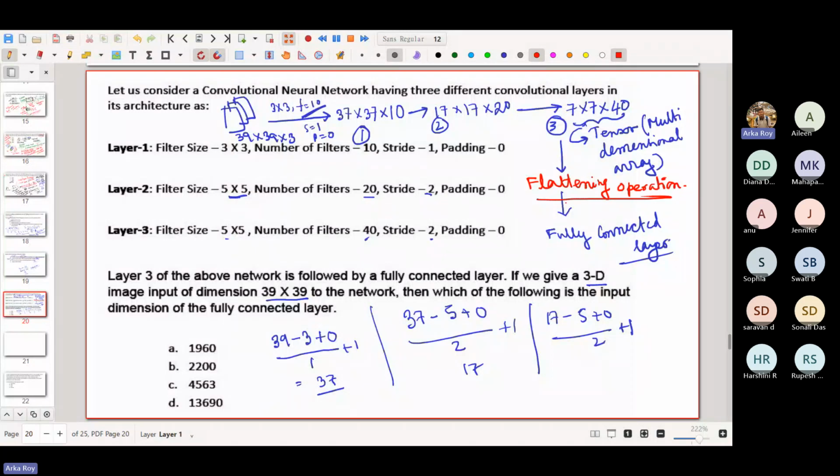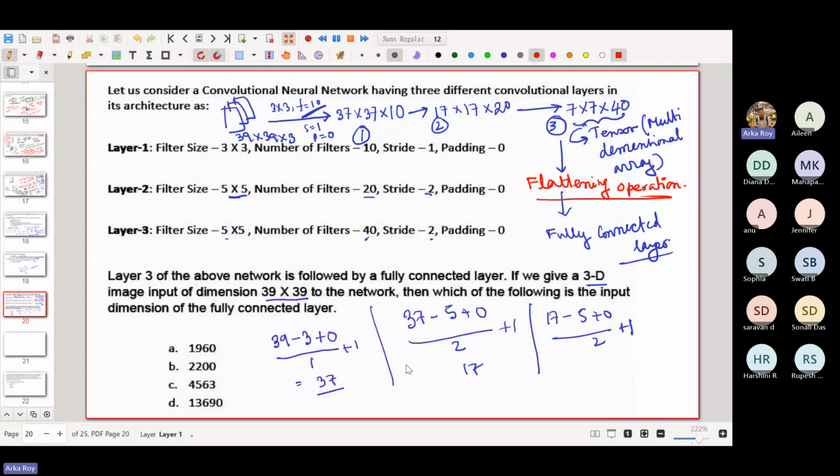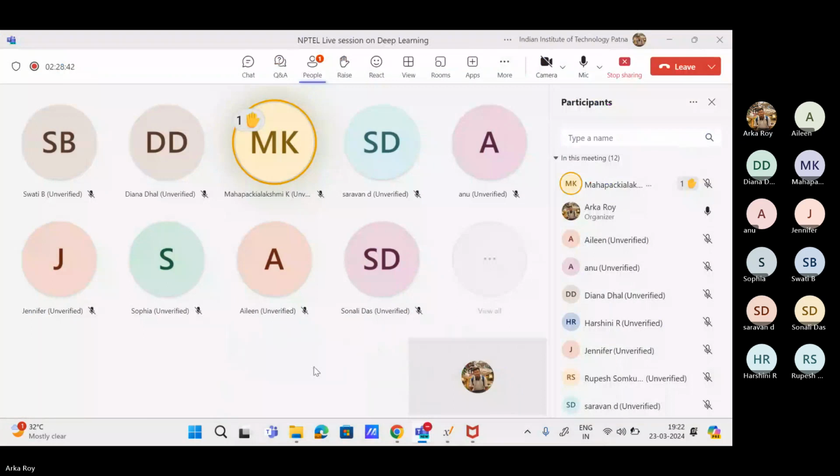This flattening operation, did you guys actually run that particular LeNet code at your end? Have you run that LeNet code at your end? Or first, did you get the code or not? Yes, sir. We got.